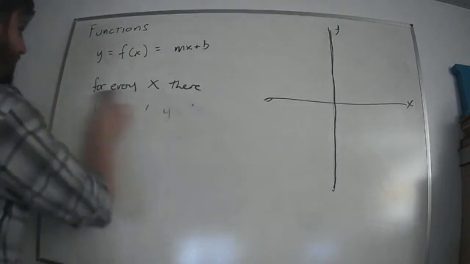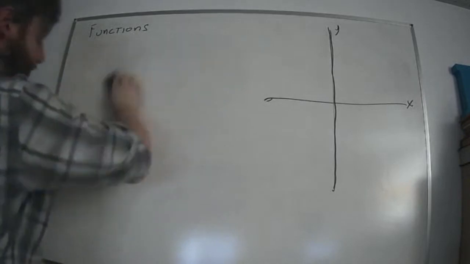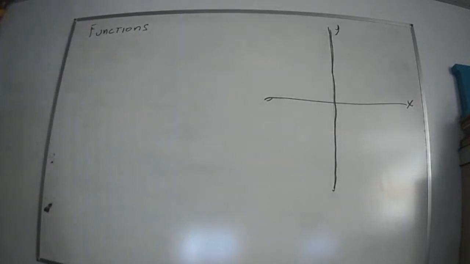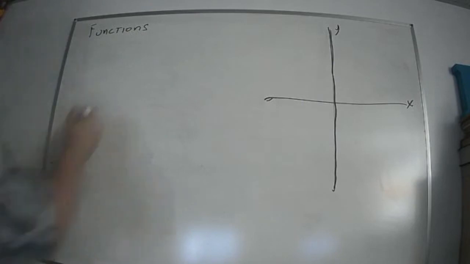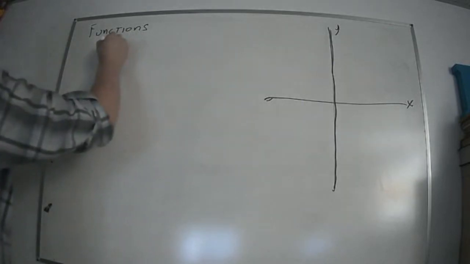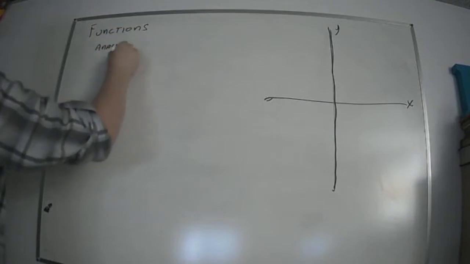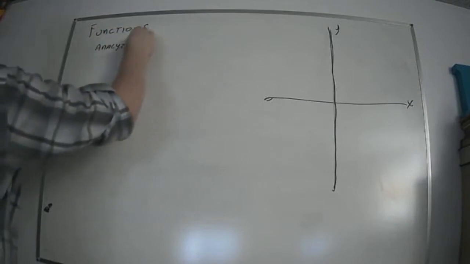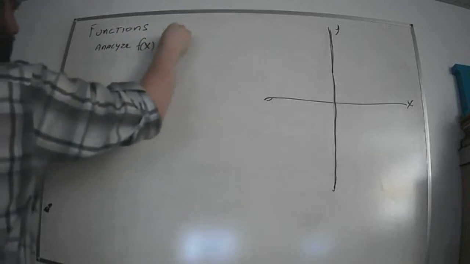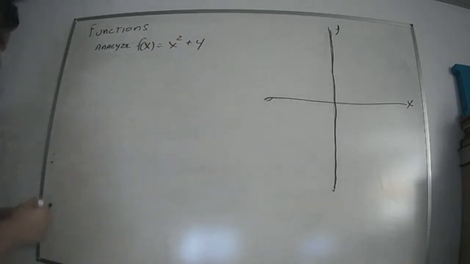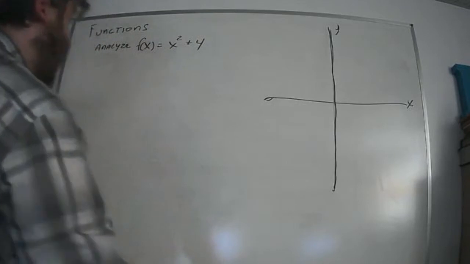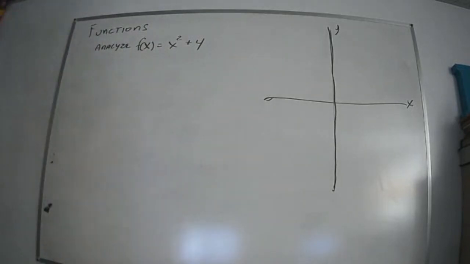I'm going to use the first example from the book for now, which is f of x equals x squared plus 4. So if I say I want to analyze f of x equals x squared plus 4, what is this?